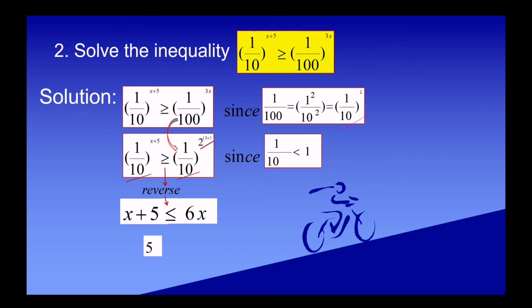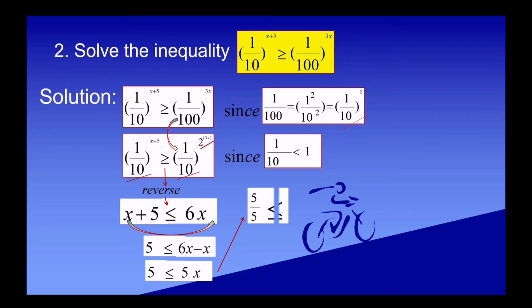So copy the exponent. So yan, transpose x to the other side. 5 is less than or equal to 6x minus x. So 5 less than or equal to 5x. So divide both sides by 5. 5 over 5 less than or equal to 5x over 5.